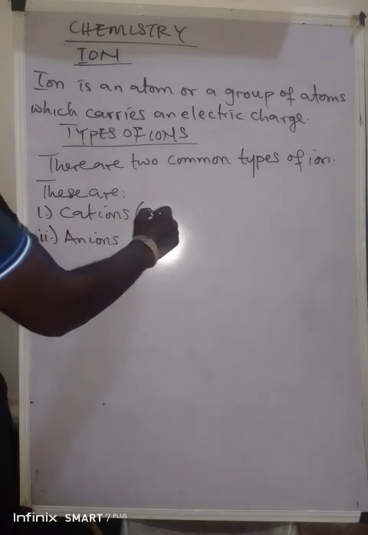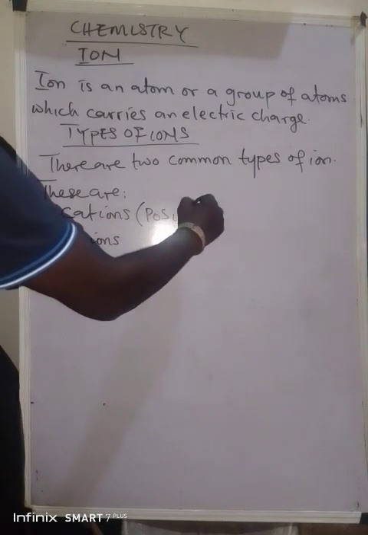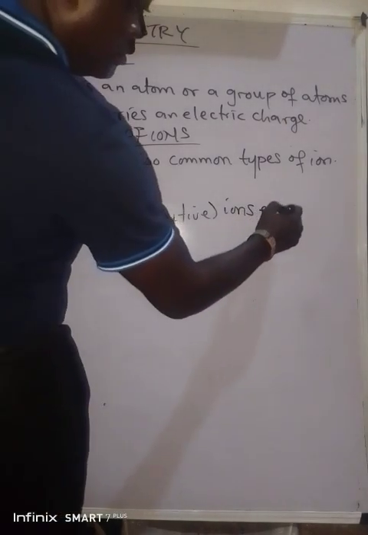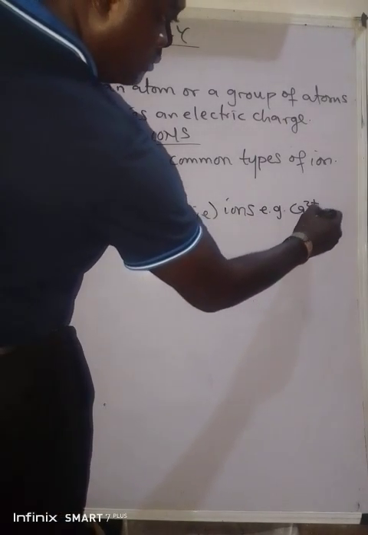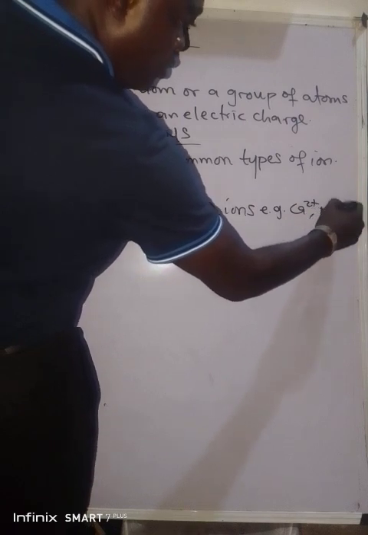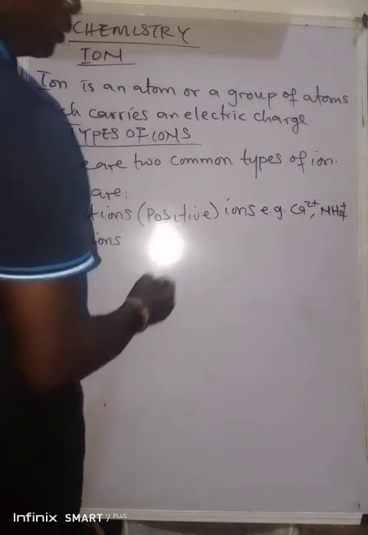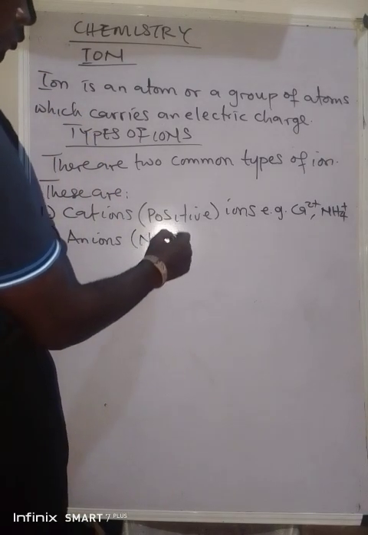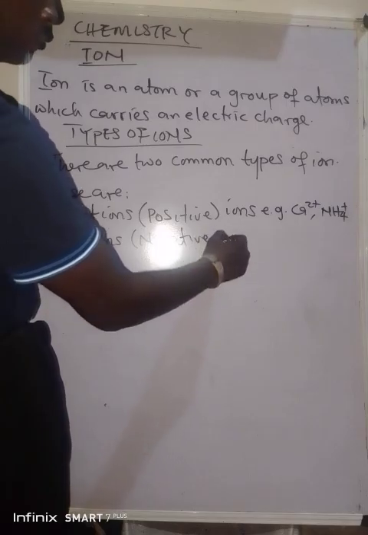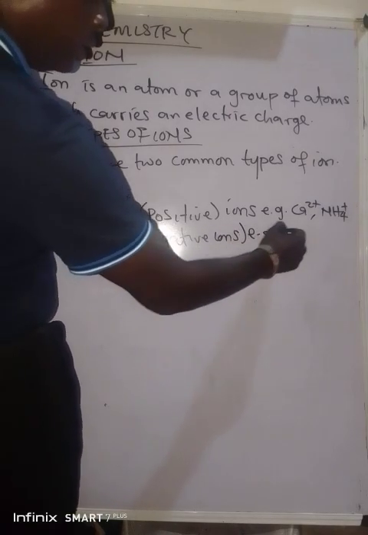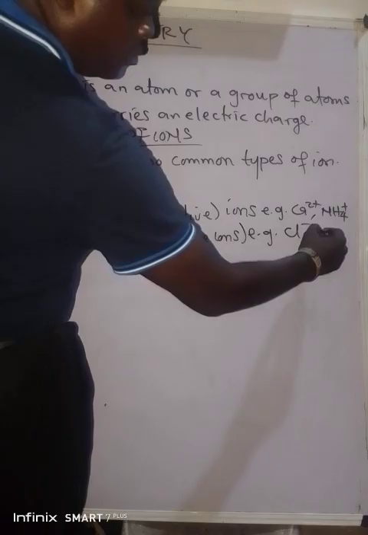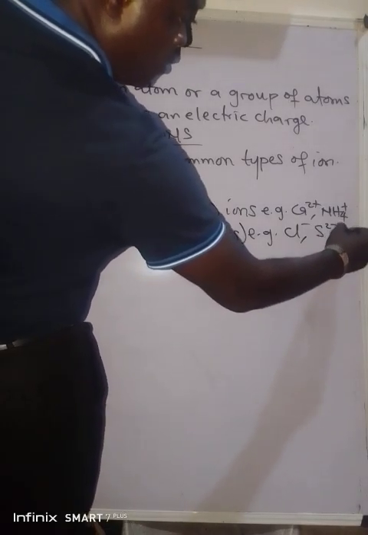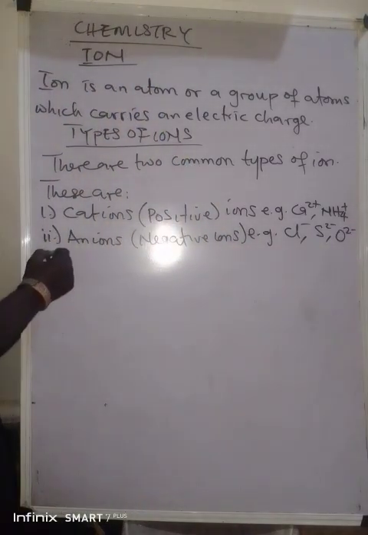Cation means positive ions, e.g. calcium ion, ammonium ion, etc. Then these are negative ions, e.g. chloride ion, sulfide ion, oxide ion, and etc.